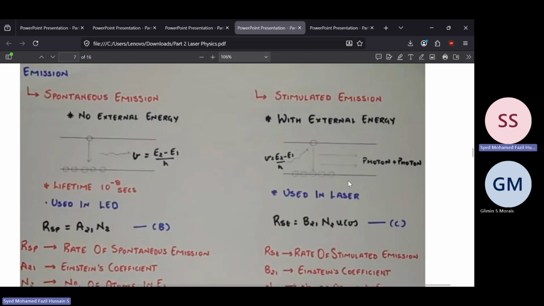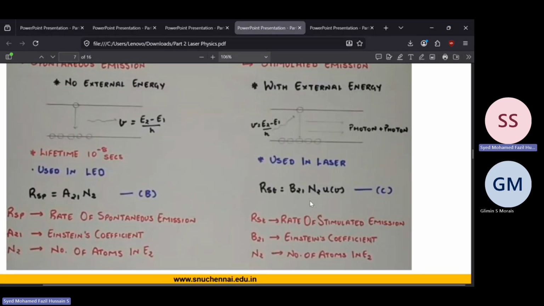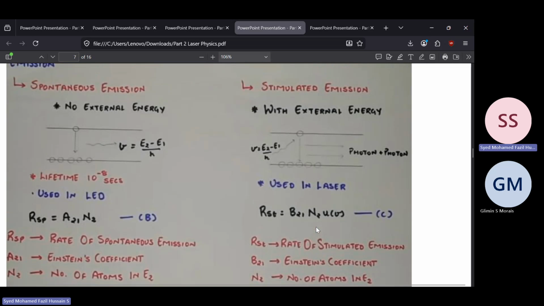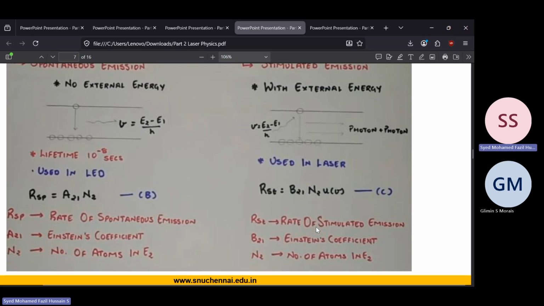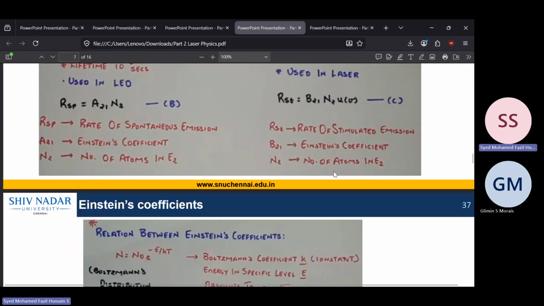Similarly, in stimulated emission, R_ST, the rate of stimulated emission, is B21, the Einstein coefficient, into N2, the number of atoms in E2, and into U nu, because we are using external energy to make it happen. So we multiply by U nu, the radiation density, in stimulated emission.